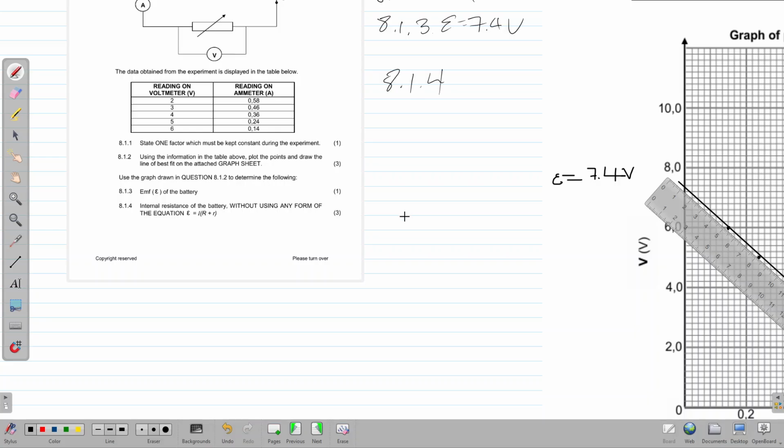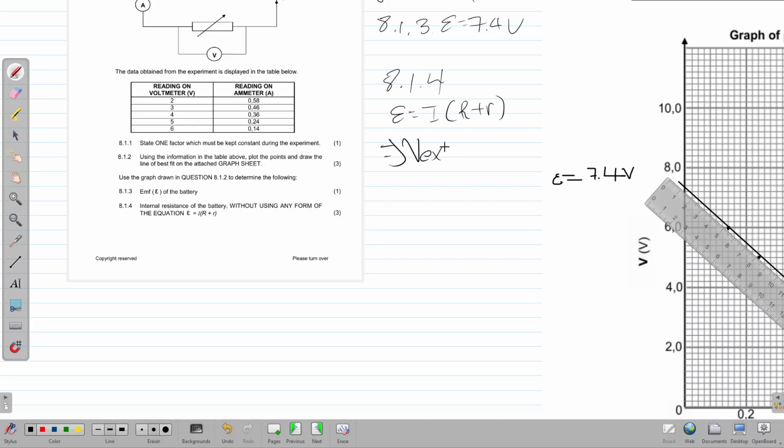We must rewrite it to make sense of it and use linearization to answer this question. So the EMF is I into R plus small r, which implies that our graph has V external on the y-axis.